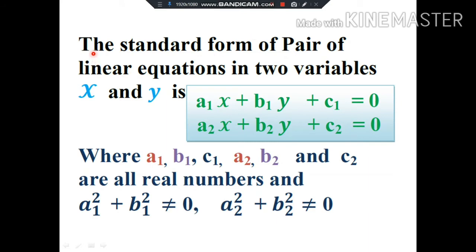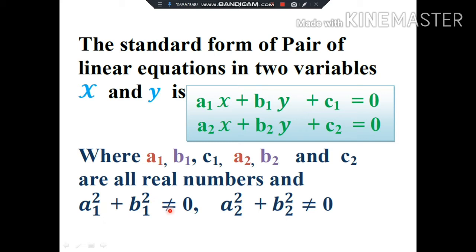Dear children, the standard form of pair of linear equations in two variables x and y is a1x plus b1y plus c1 is equal to 0 and a2x plus b2y plus c2 is equal to 0, where a1, b1, c1, a2, b2 and c2 are all real numbers and a1 square plus b1 square is not equal to 0.